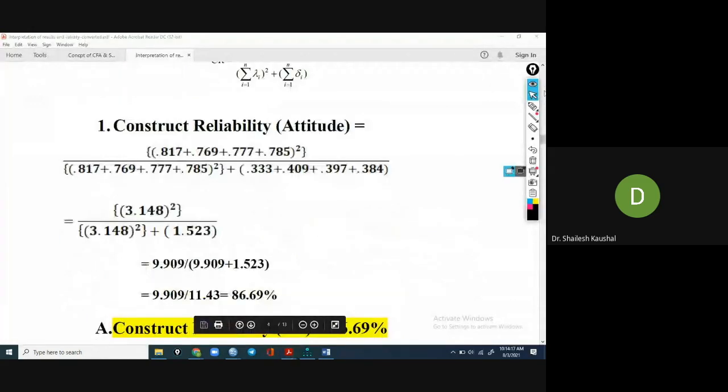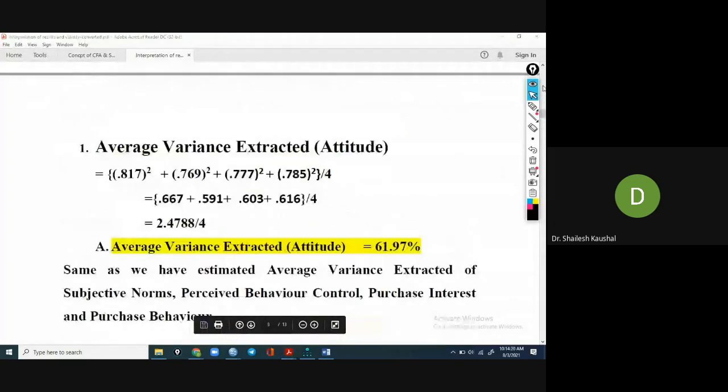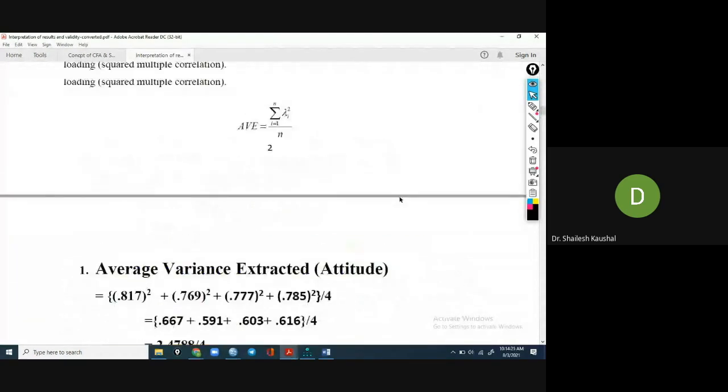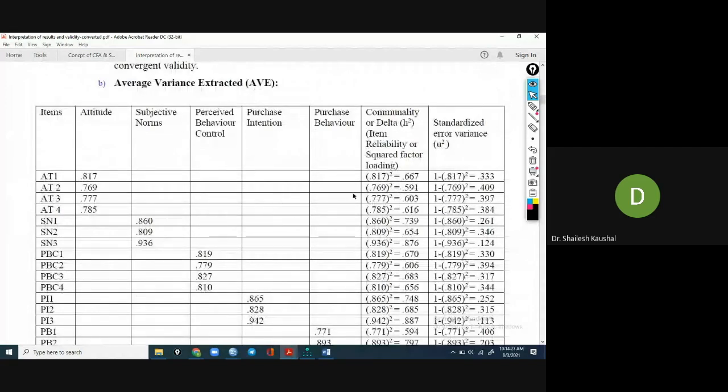Factor loading is simply the correlation between the variables. Here, the factor loading of attitude 1, question number 1, is 0.817 with attitude. It's simply the correlation between the two.